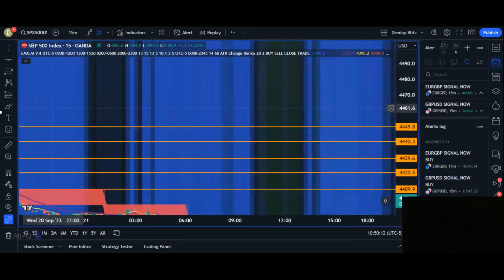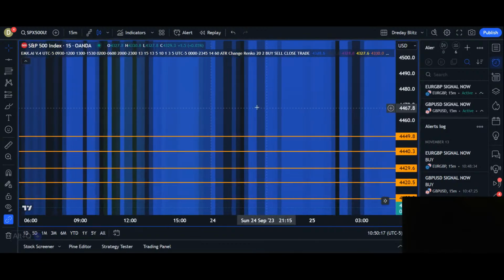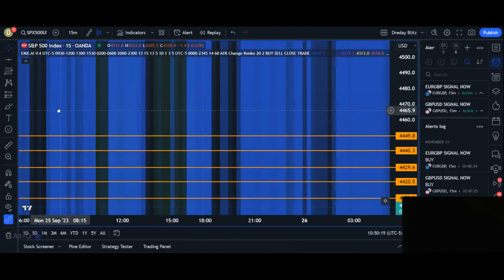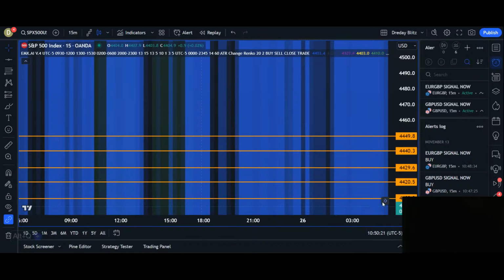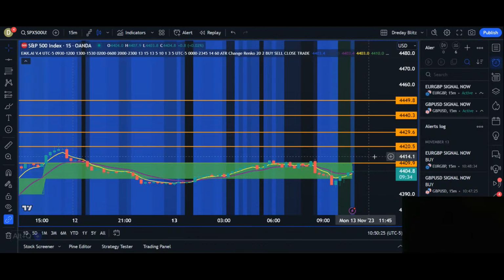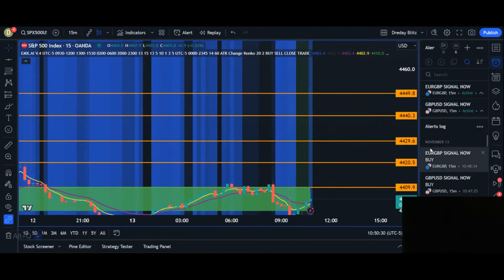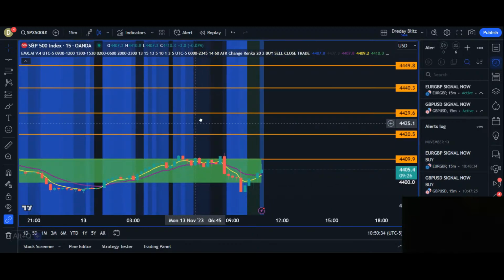You always want to go back in time and see exactly where the price was, if it went in that range, and you go back on the current market conditions, and you know exactly where the next Renko will go.